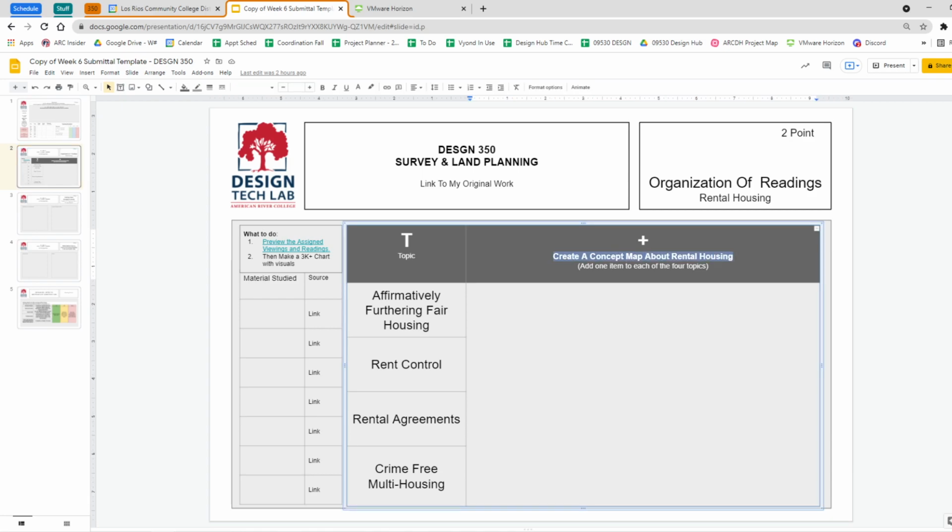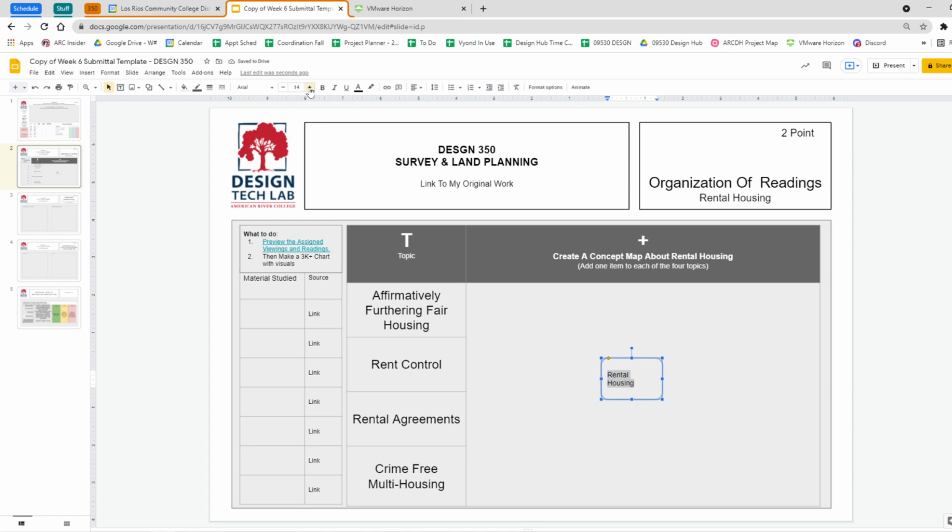Remember, this should be very, very simple. Let me do one just right in here. So let me go ahead and do some basic shape. And remember, your basic one is what it's about, rental housing. That's what this should be about.